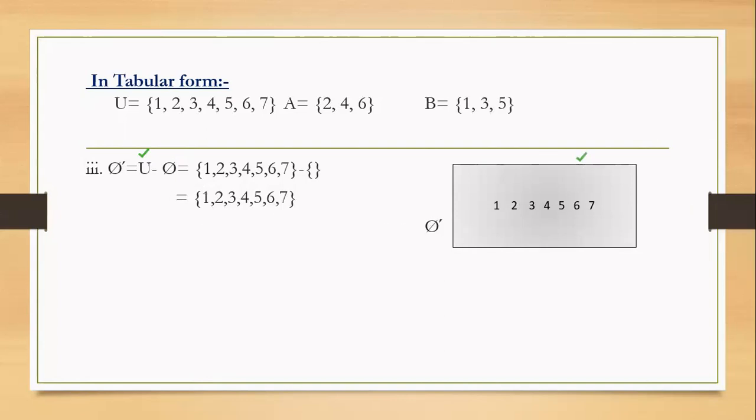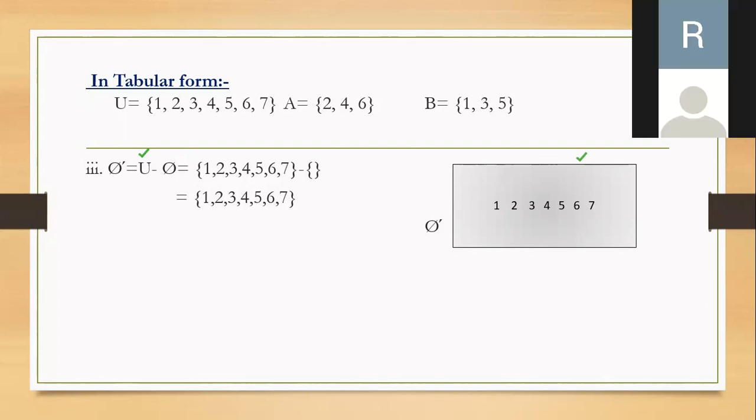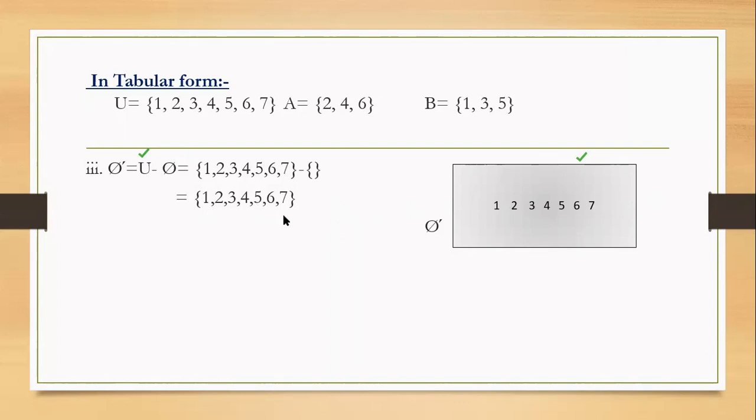In the rectangle, write down the elements of the universal set. And now shade the answer. The answer is 1, 2, 3, 4, 5, 6, 7, so you have to shade the whole Venn diagram. Now students, what is the difference between phi dash and U dash?